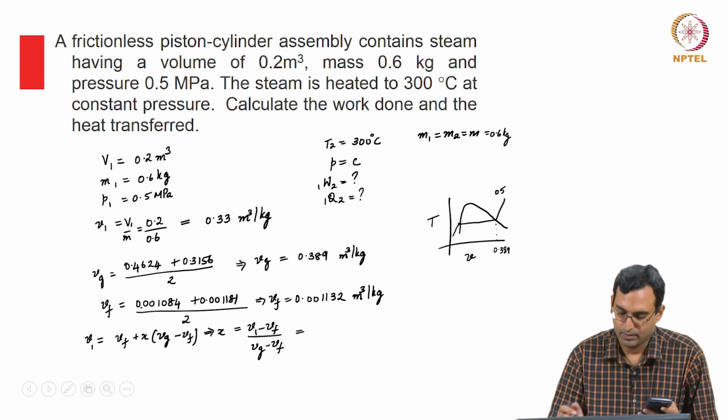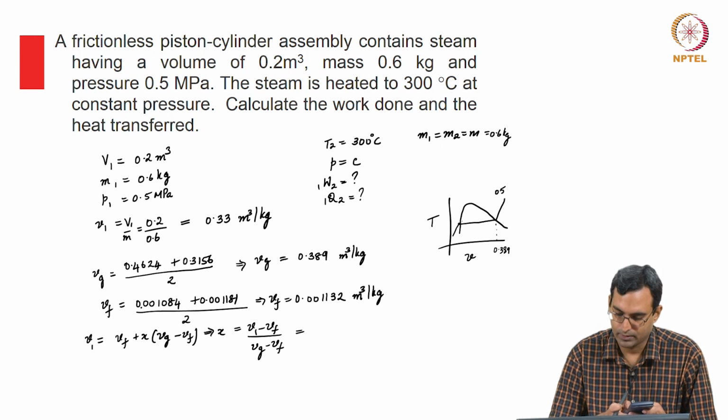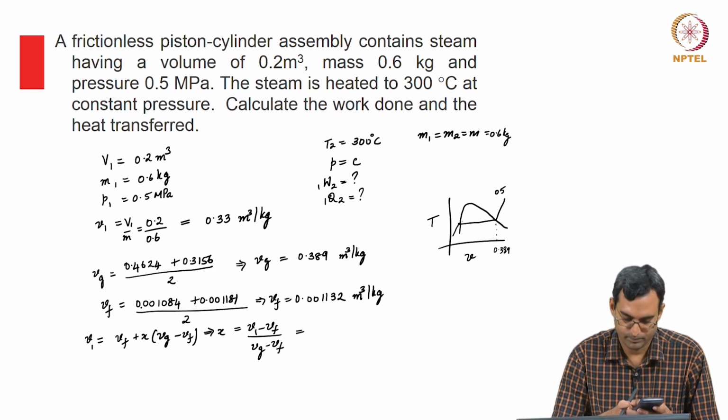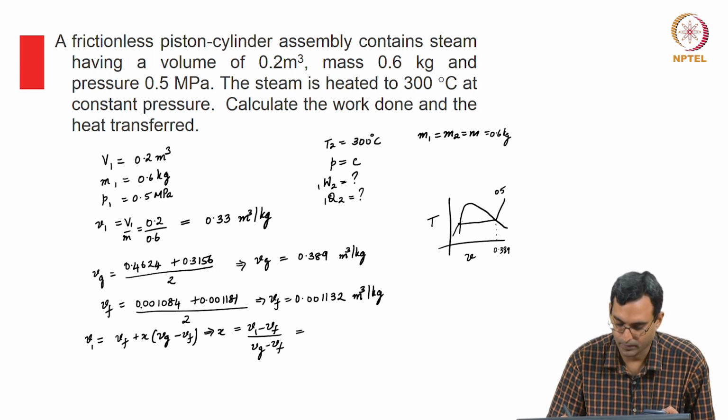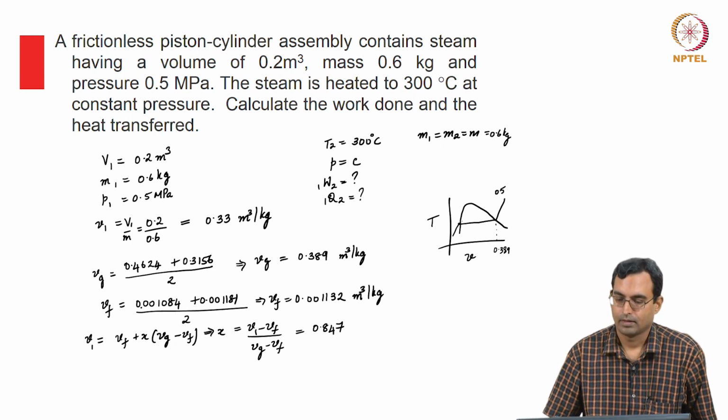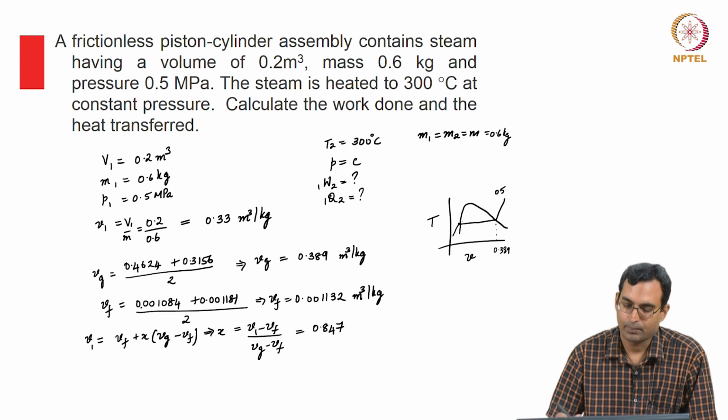I am going to directly find out what the value is. This gives me a quality of 0.847, which is the dryness fraction. So, I know everything about the initial state now.